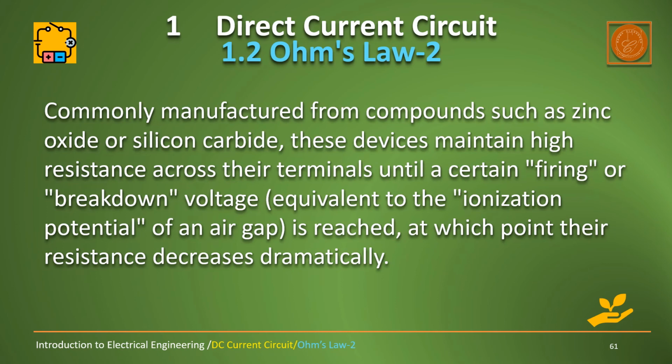Those devices maintain high resistance across their terminals until a certain firing or breakdown voltage, equivalent to the ionization potential of an air gap, is reached, at which point their resistance decreases dramatically.